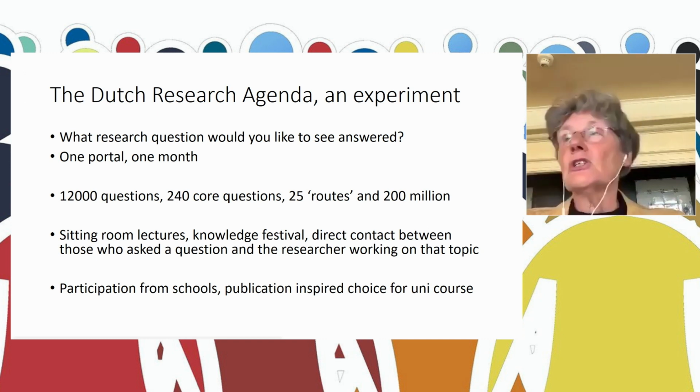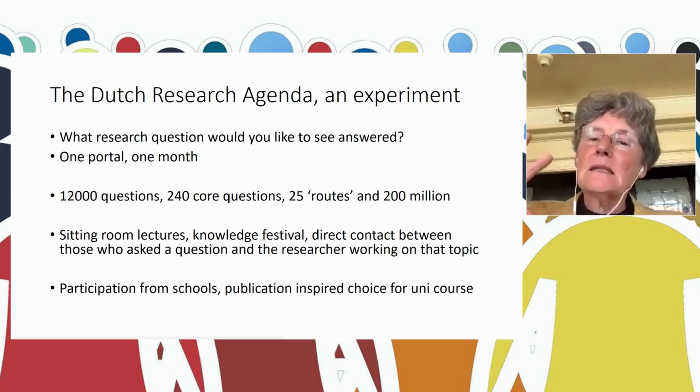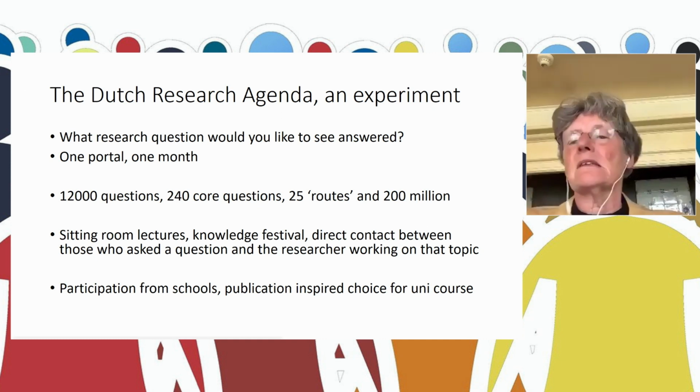And the publication of those 240 questions turned out to be a much more liked guide to help secondary school pupils choosing their courses at university than the traditional material on those courses that was published by the universities. So it's had quite an impact as a project itself.